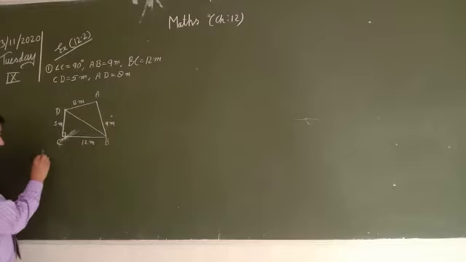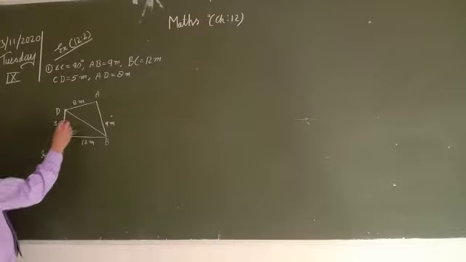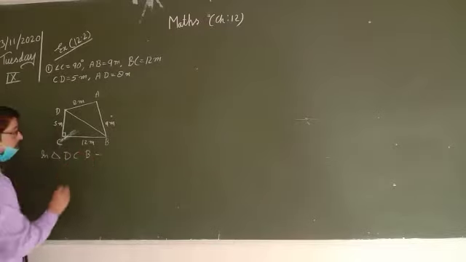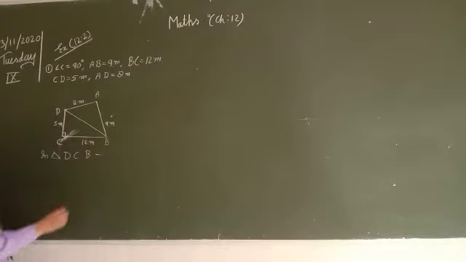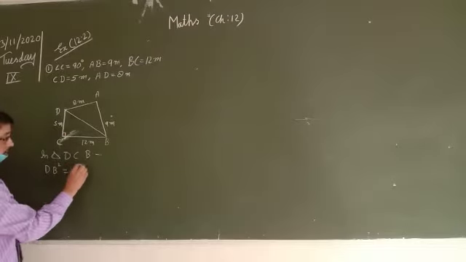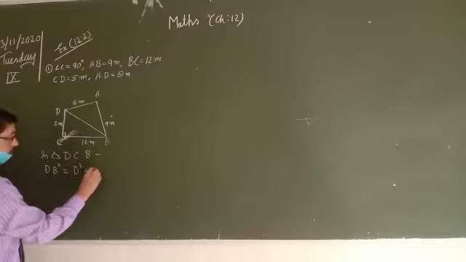So which triangle are we taking? DCB. In triangle DCB, by the Pythagoras theorem, DB square is equal to BC square plus CD square.